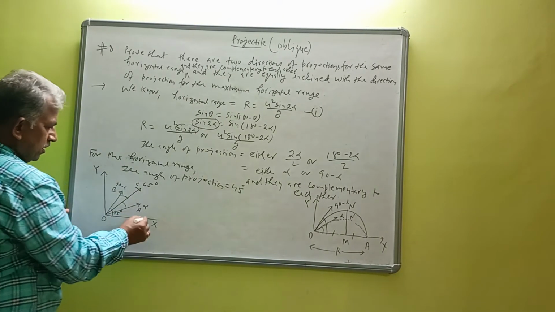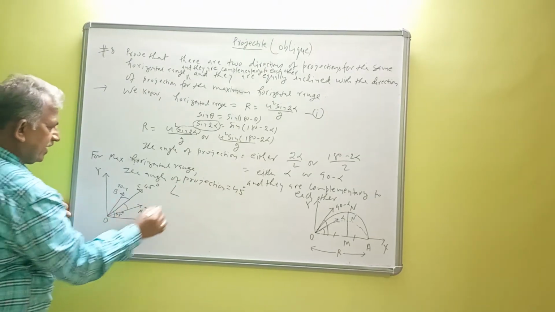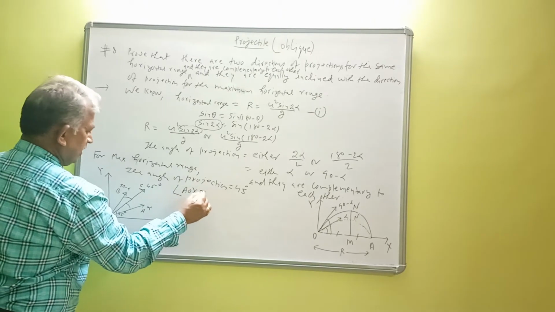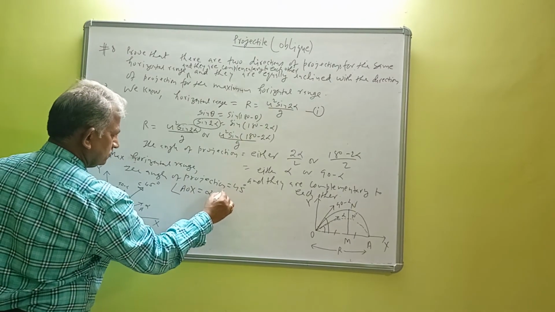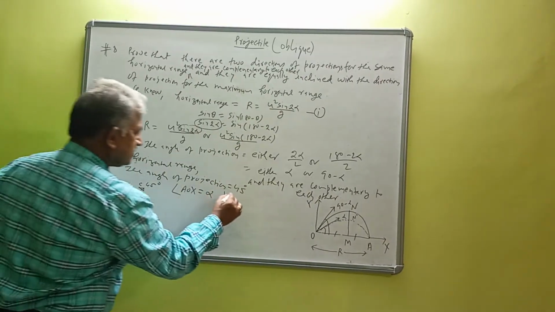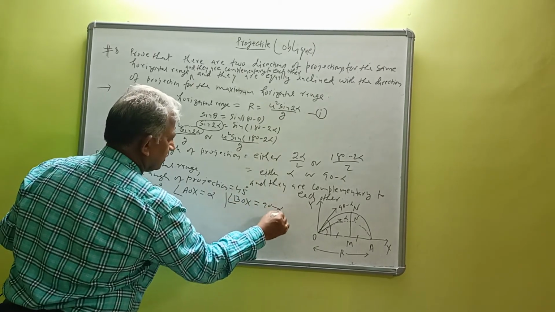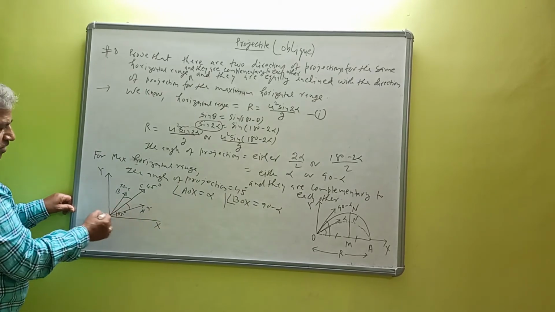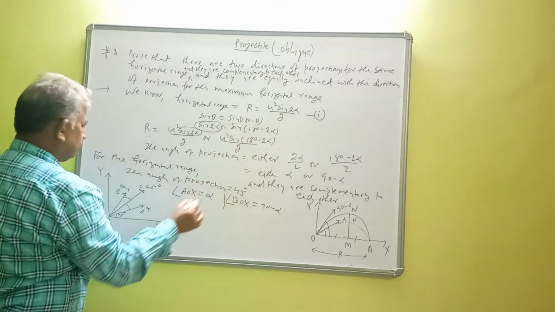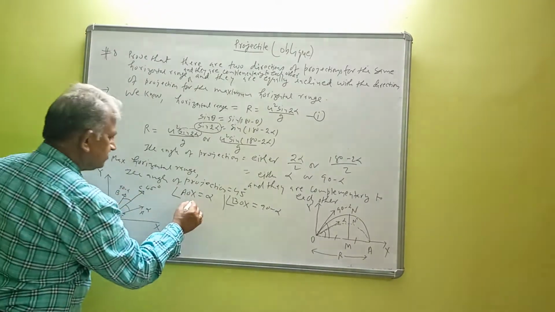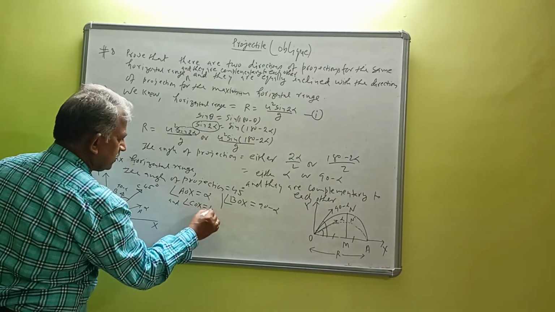So according to geometry, we can say that angle AOX is alpha, and angle BOX is 90 minus alpha, and angle COX is 45 degrees.